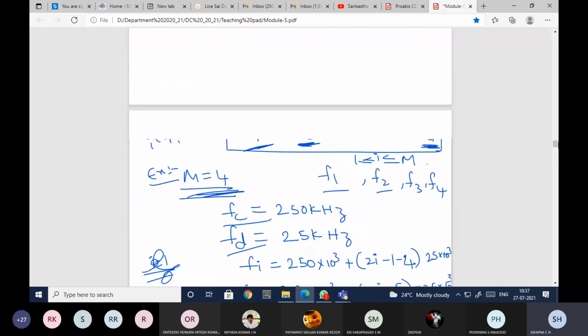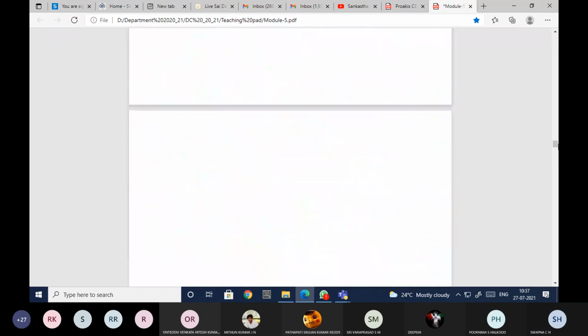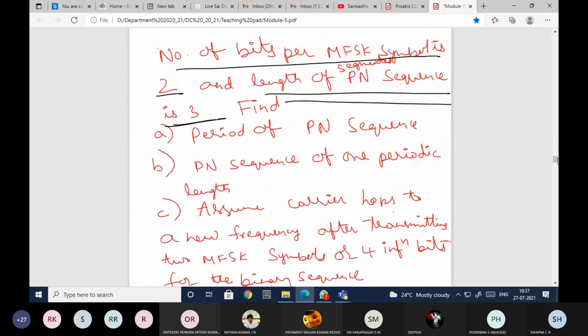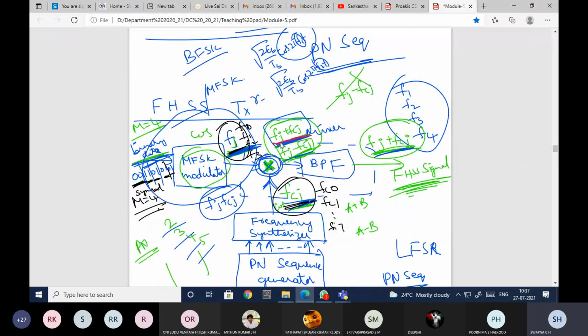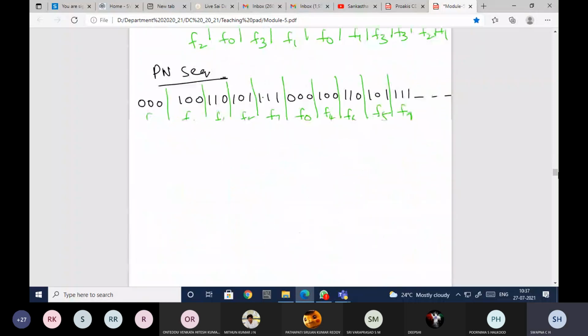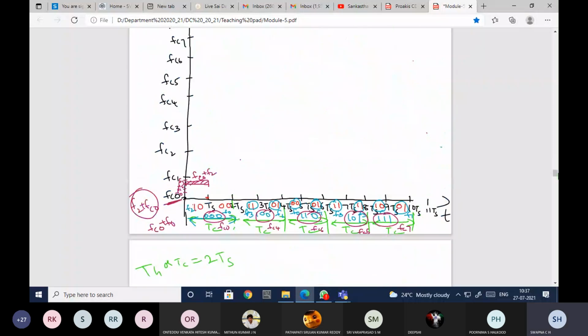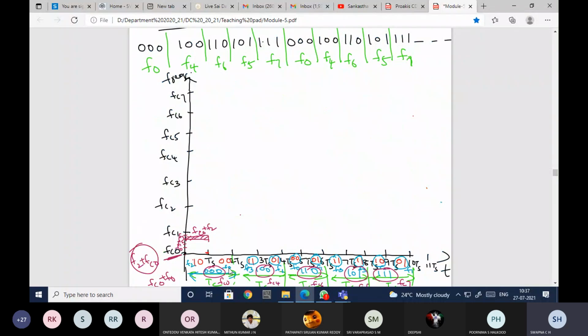If you look at the transmitter, it takes only the sum values, and the bandpass filter should accept only the sum value. That is what I am drawing here. The transmitted signal will have these frequency components. Next, FC0 plus F0.